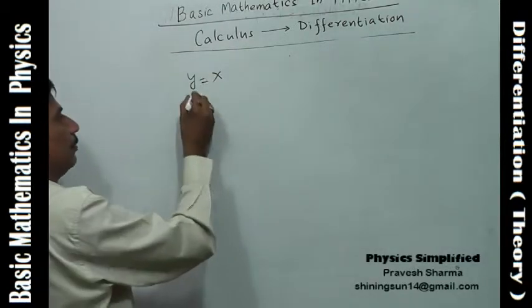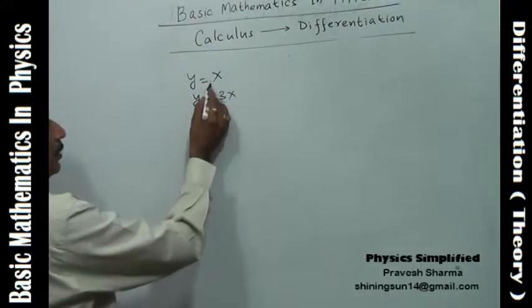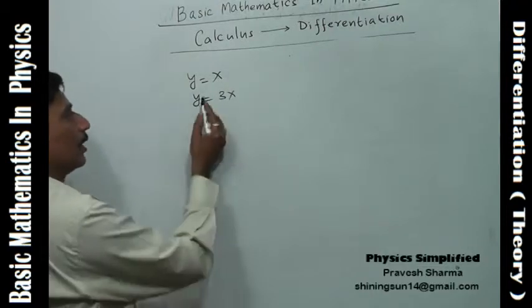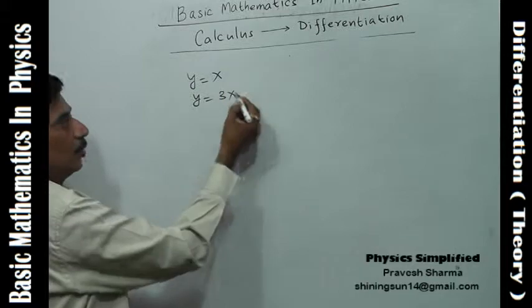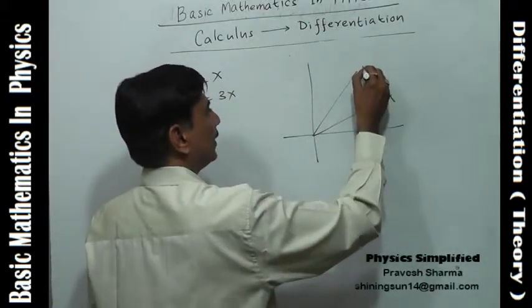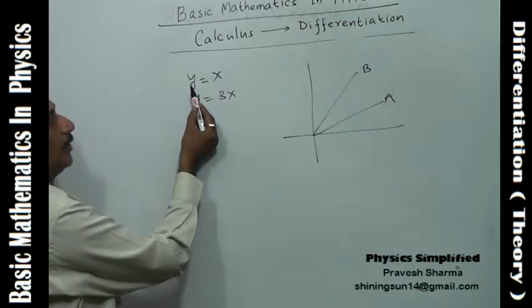I can have a function like y is equal to x, I can have y is equal to 3x also. So obviously over here, when x is 1, y is 1, x is 2, y is 2. Whereas over here, if x is 1, y becomes directly 3, 3 into 1, 3. So if I draw these two, this is A, this is B. For the same change of x, there is the same change of y.